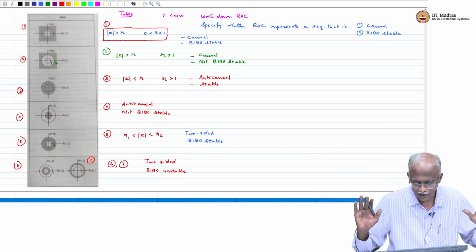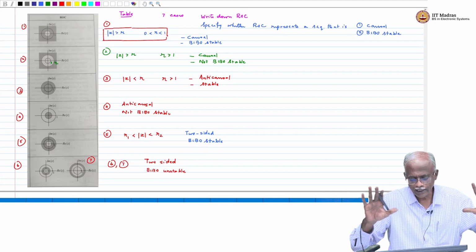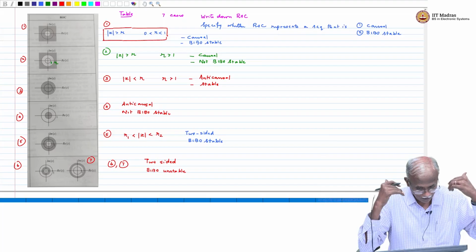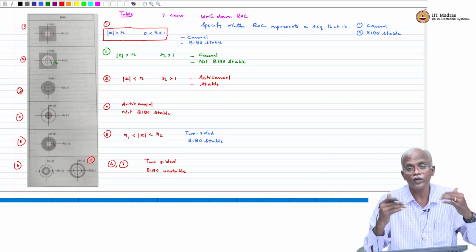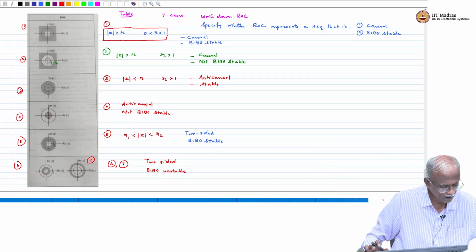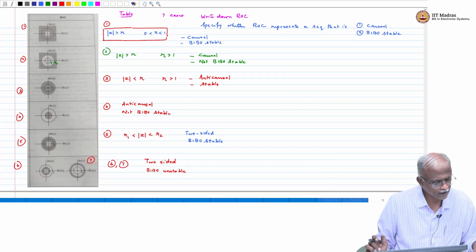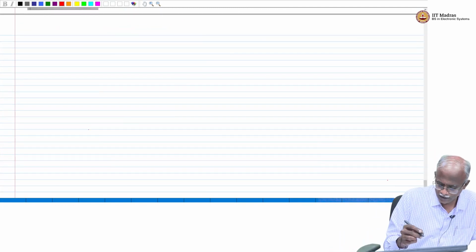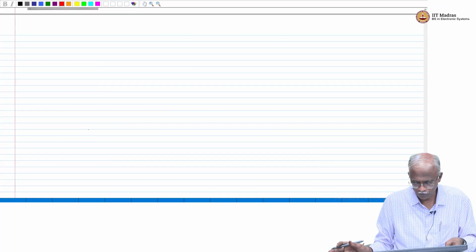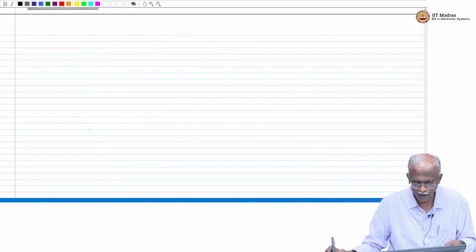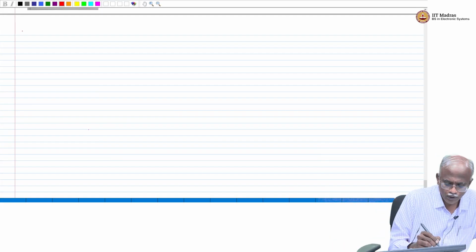Okay, so again, the ROC tells us a lot of information about the sequence, and in fact, you have to get the ROC correct in order to be able to make a statement about the actual Z transform that is there. Okay, now here is another example that will sort of emphasize the concepts that we have been looking at. One more example that I would like you to consider.